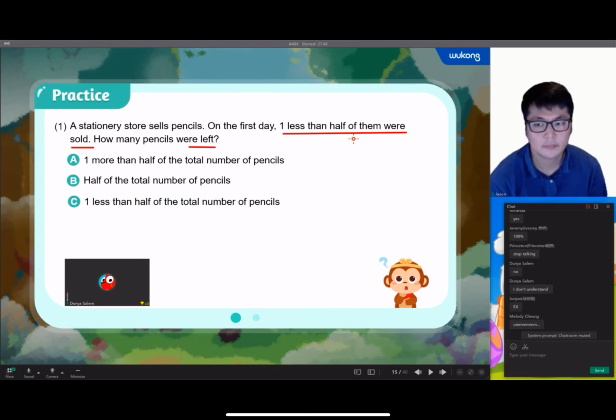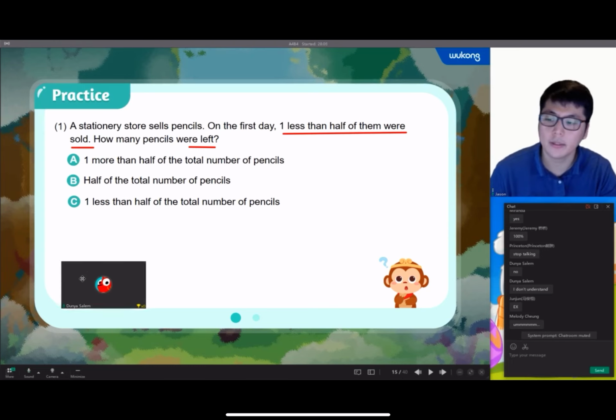I'm thinking. I told you it's the opposite. A, B, or C? Which one?